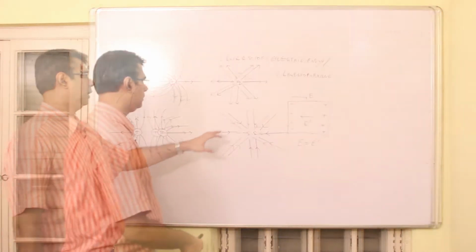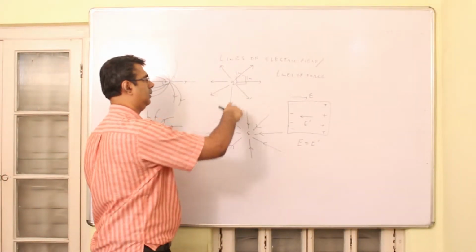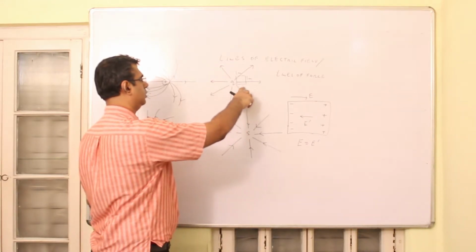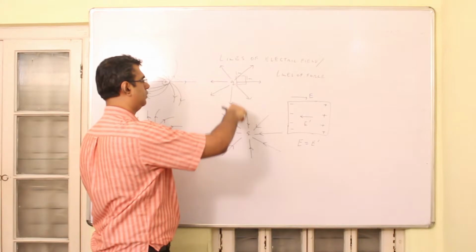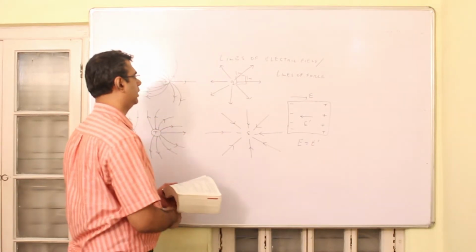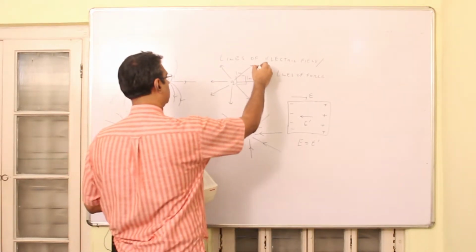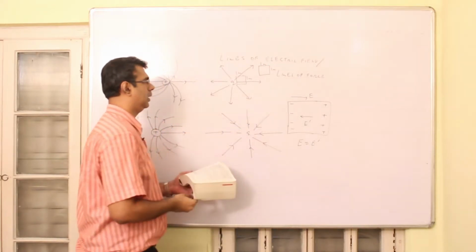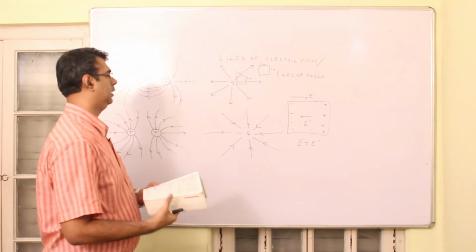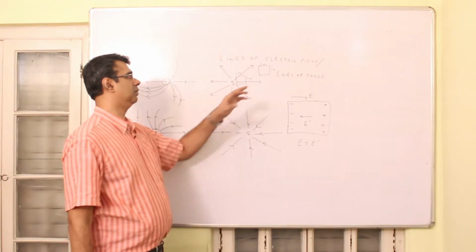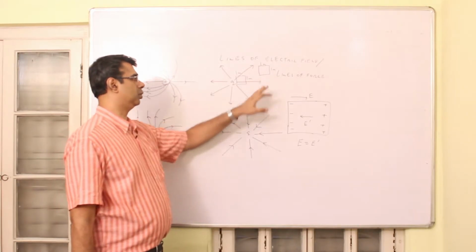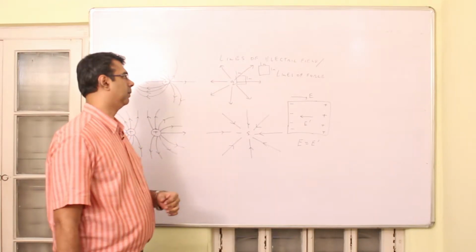Let's have a look. If you consider a 1 meter by 1 meter square very close to the charge Q, you will see that the lines of force are densely packed. And if you consider an identical 1 meter by 1 meter square farther away from the charge Q, you will find that the lines of force passing through this will be less densely packed.